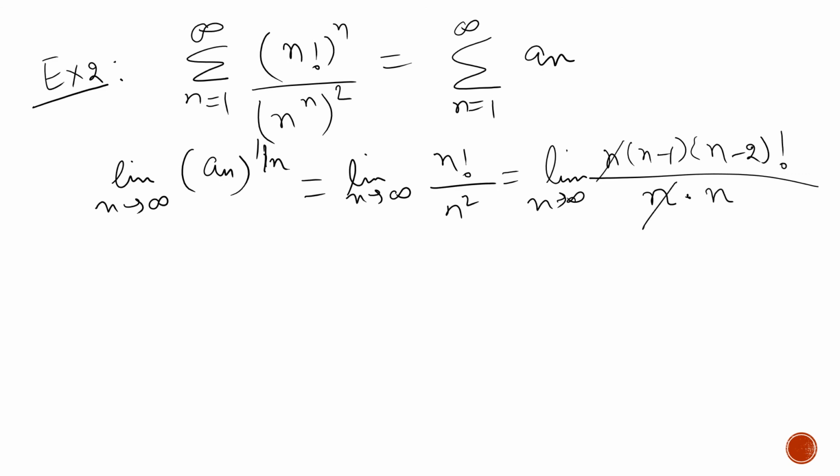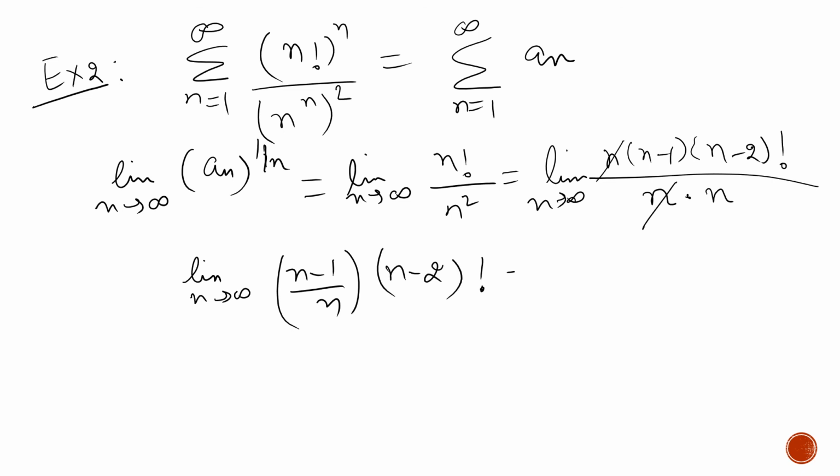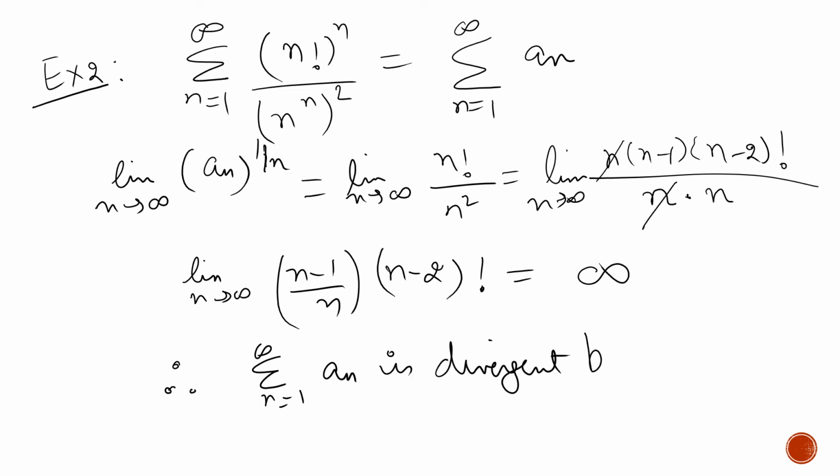Now you can see that I can merge the first term and write this as... Now clearly this limit will go to infinity and therefore the summation from n equal to 1 to infinity is divergent by the root test. I hope this is clear about the root test.